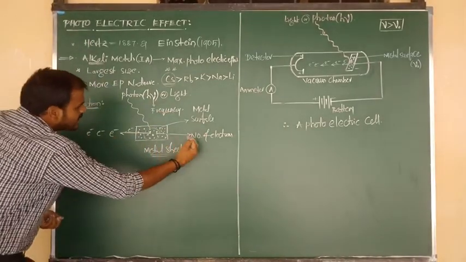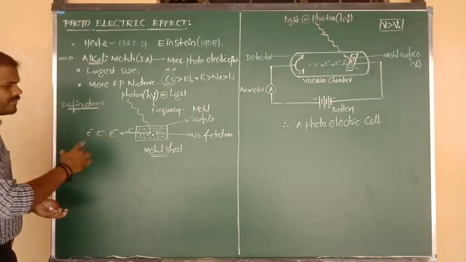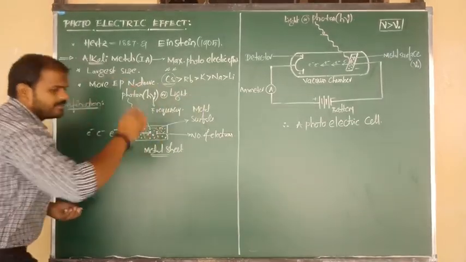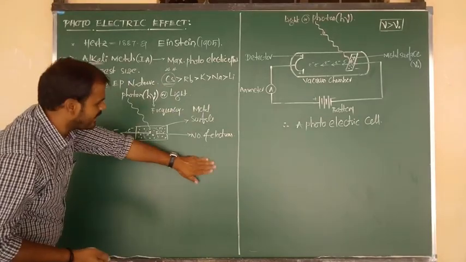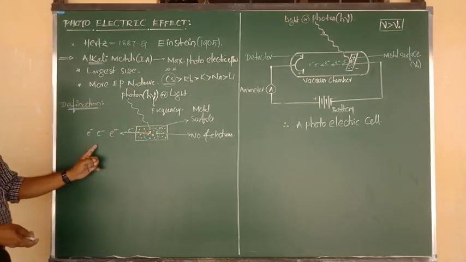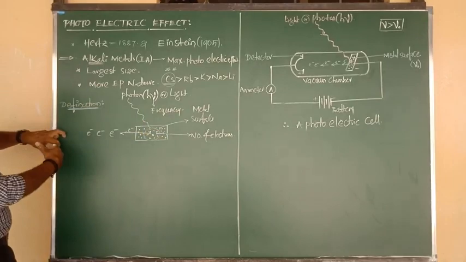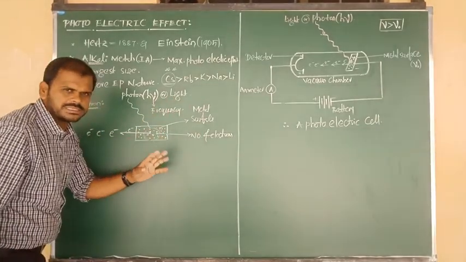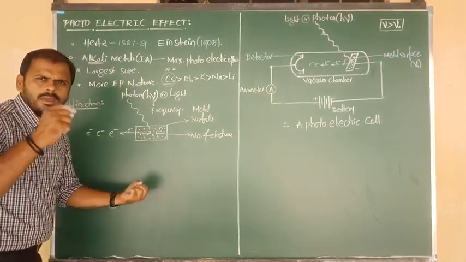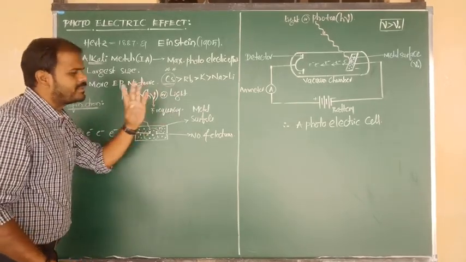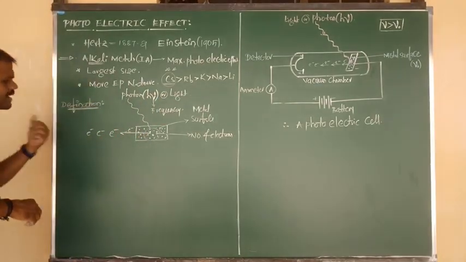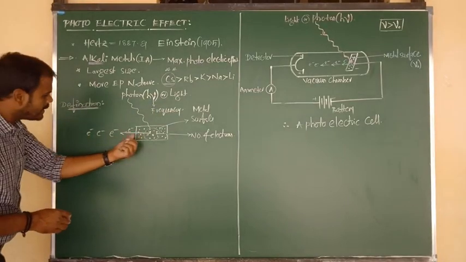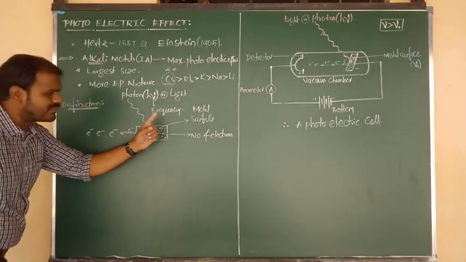So the electrons are released from the surface of metal, only by the gain of a part of the energy from the incident light. All of you ready?